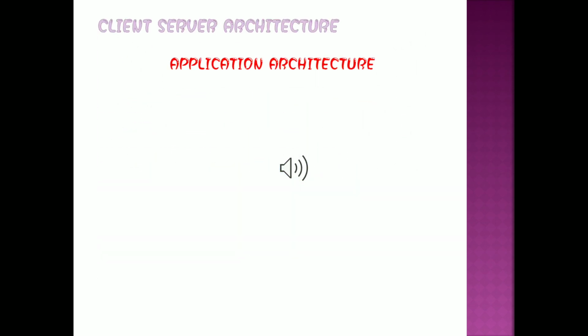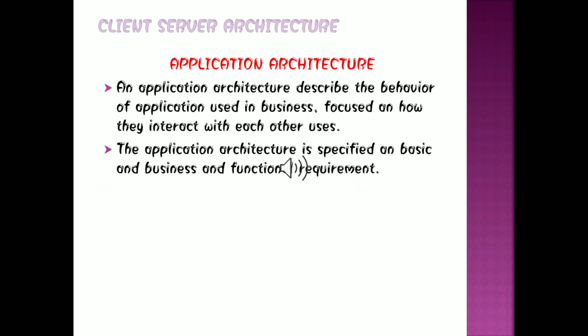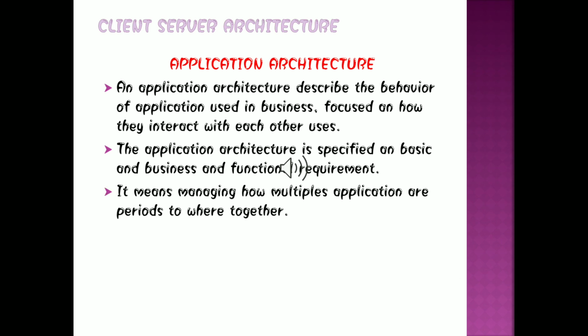Finally, I would like to share the application architecture. The application architecture is used in the business, and it is focused on how applications interact with each other. It focuses on interaction for common people with normal kinds of data, which is split into multi-level information.